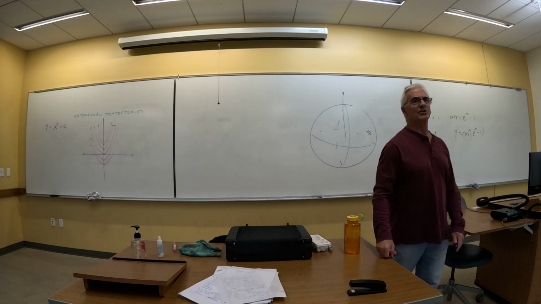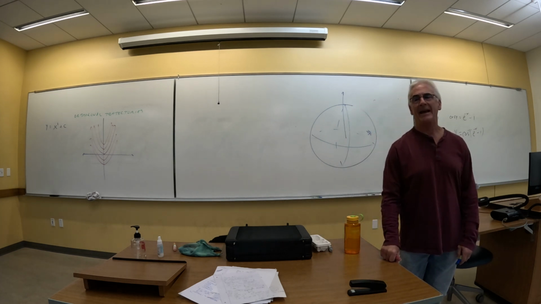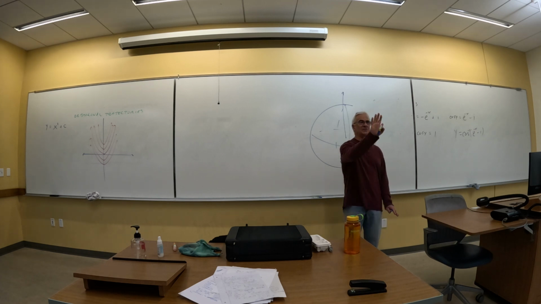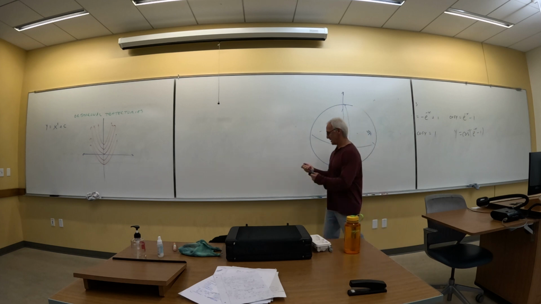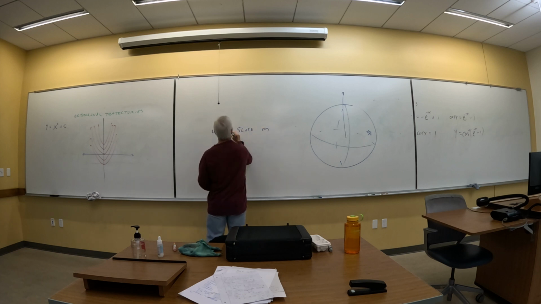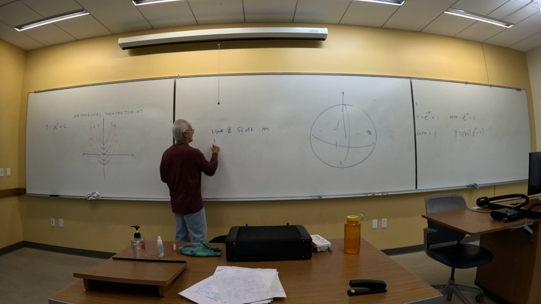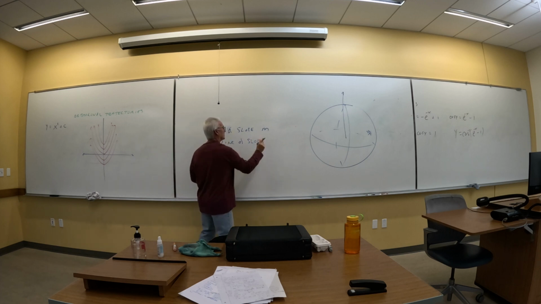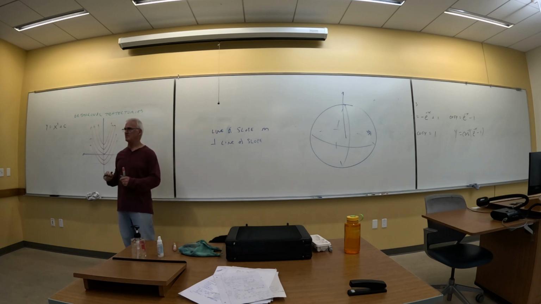If I told you the slope of a line, and I asked you for a line that was perpendicular, assuming it's not vertical or horizontal. If I gave you a line of slope m, let's keep it simple, then a perpendicular line, what would the slope of my perpendicular line have to be?